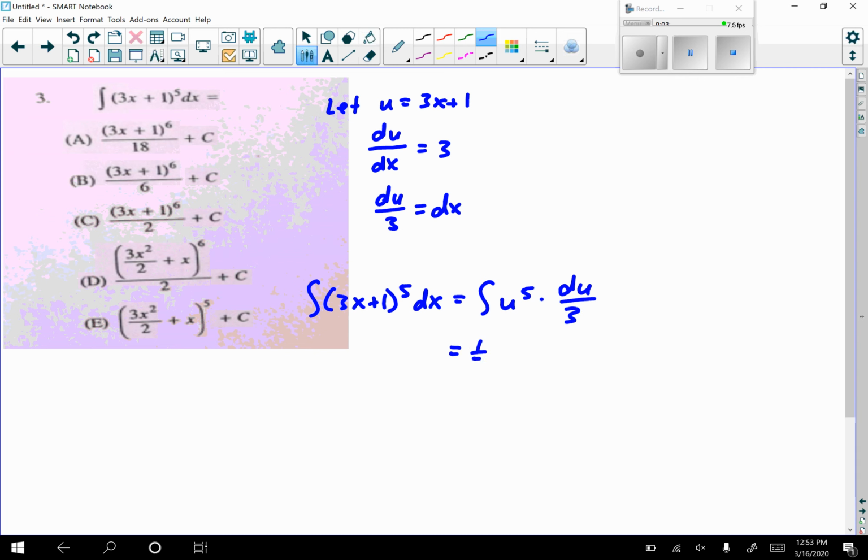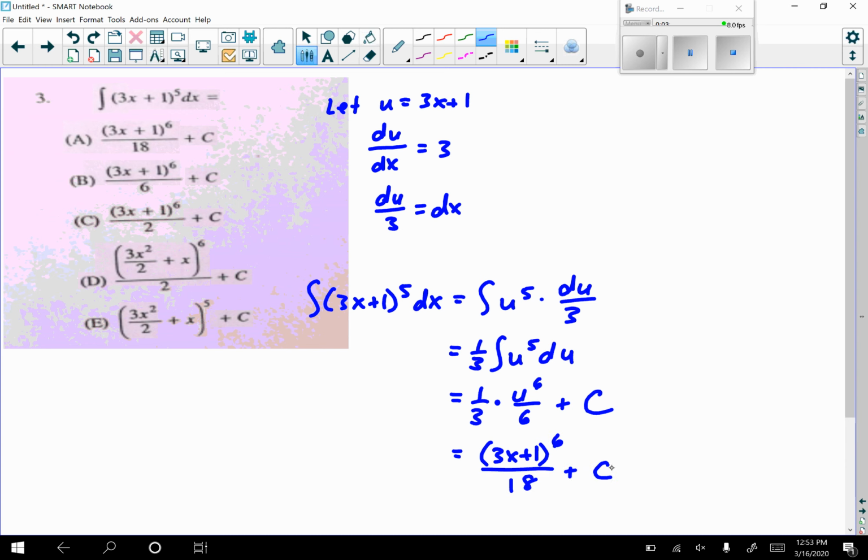We could say this is 1/3 the integral of u to the 5th du. Since it's just one term here, this becomes 1/3 times u to the 6th over 6, again plus c because it's an indefinite integral. We can now replace the u with the quantity 3x plus 1. So we get that quantity to the 6th over 18 plus c, giving us A.